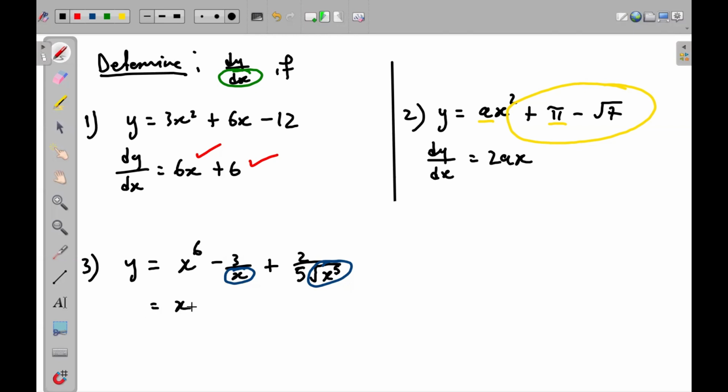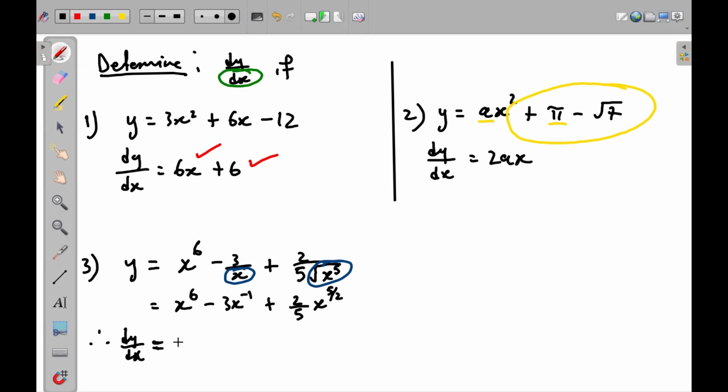So this will be x to the 6 minus 3 times x to the negative 1 plus, watch out here, 2 to the 5 times x to the 5 over 2. Now, finally, I can differentiate because all the x terms are in standard form, meaning I have the x terms in my numerator. That's what you need when you want to differentiate this.